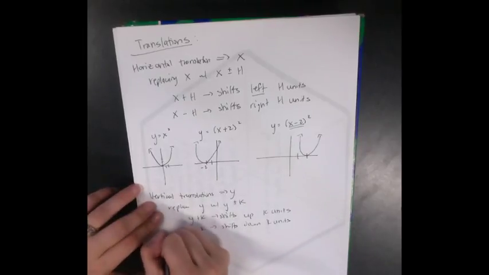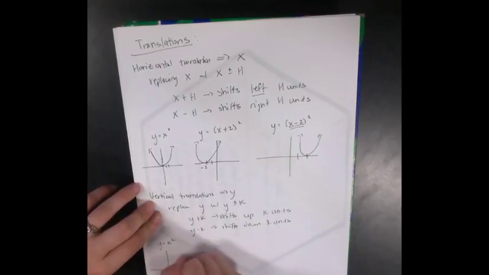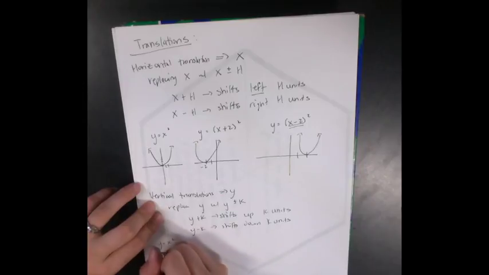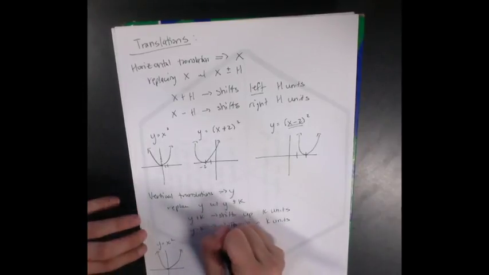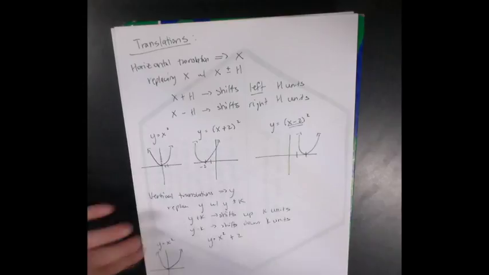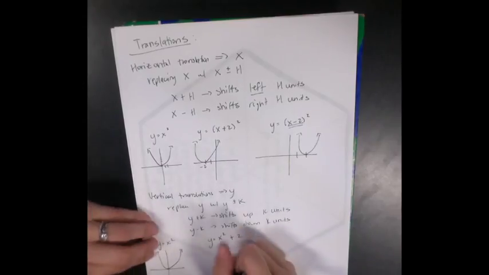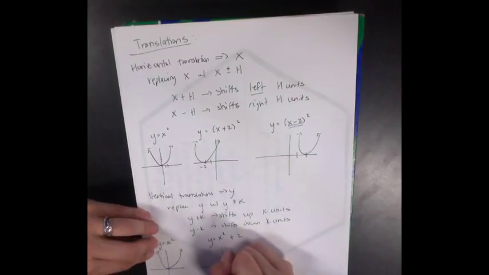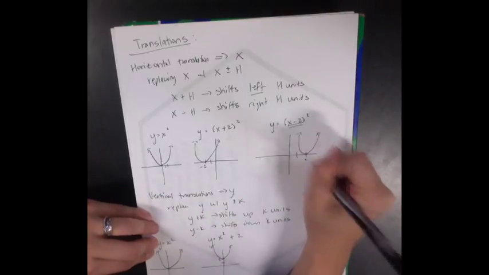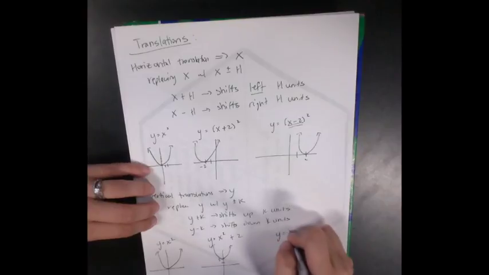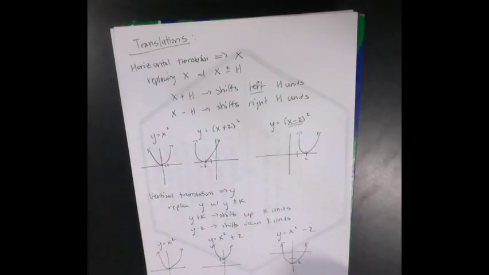So let's look at the same case. y is x squared. If I write y is x squared plus 2, completely outside of the x term, then I'm going to shift up 2. And if I have y is x squared minus 2, I'm going to shift down 2.